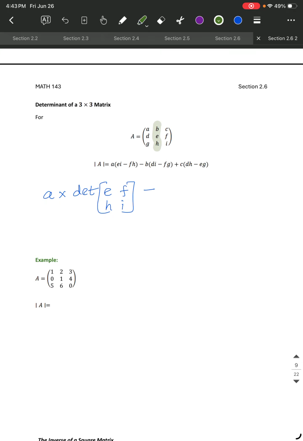Now second row and this first row and second column, sorry.